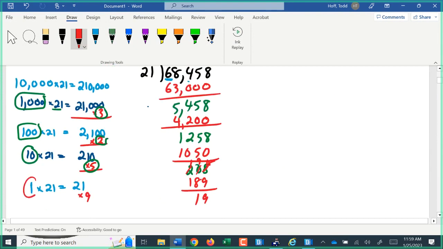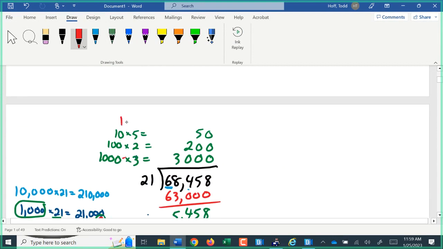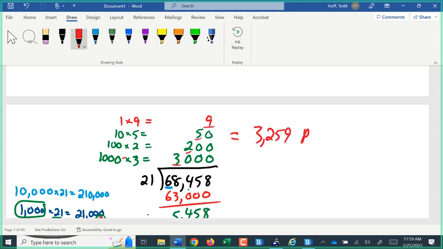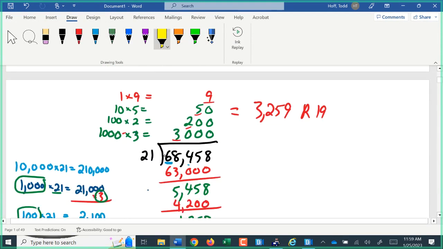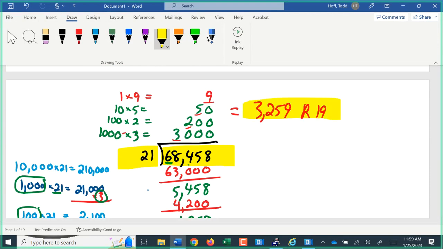Again, we just subtracted a bundle of only 1 21 and we did it 9 times. 1 times 9 was 9 more 21s. So this is 3,259. And we had that remainder of 19. So 68,458 divided by 21 is 3,259 with a remainder of 19.